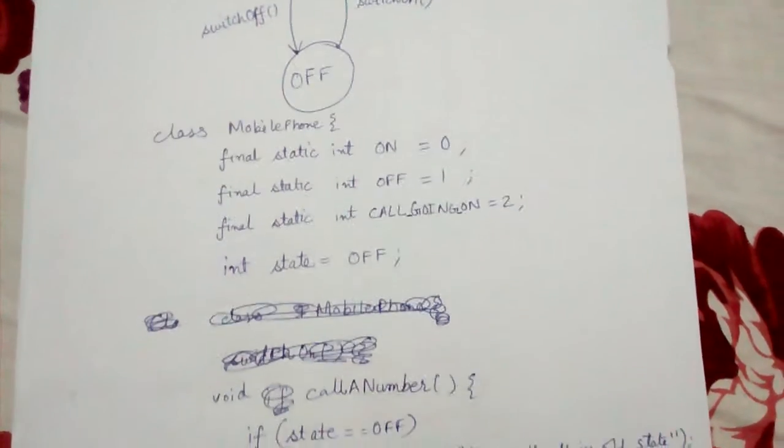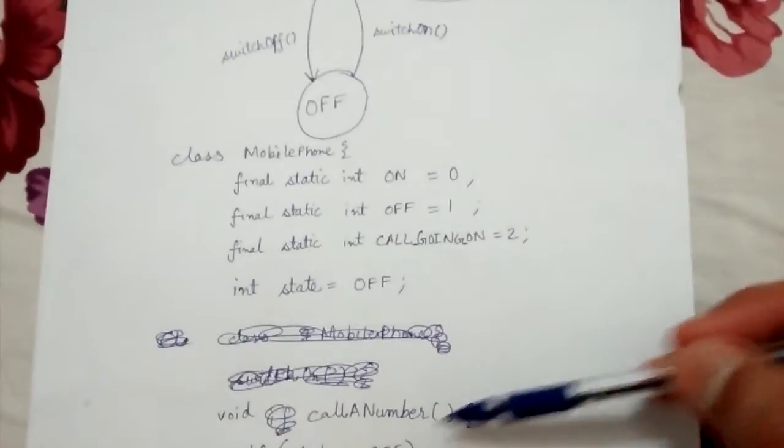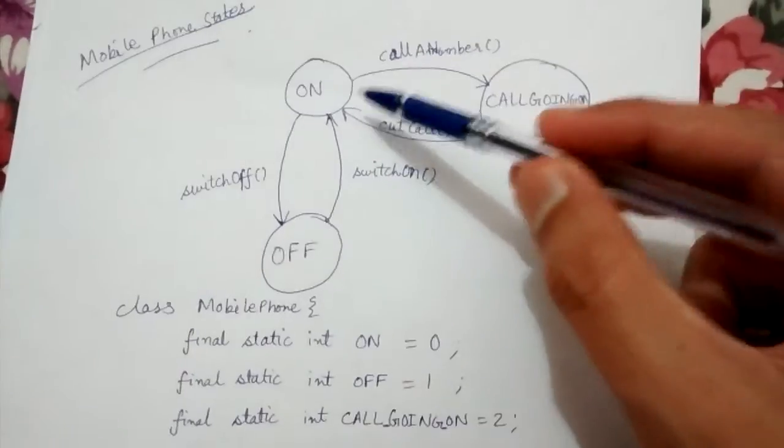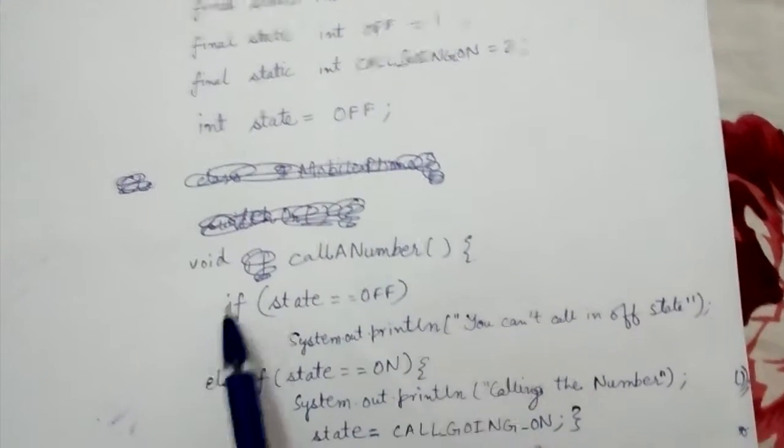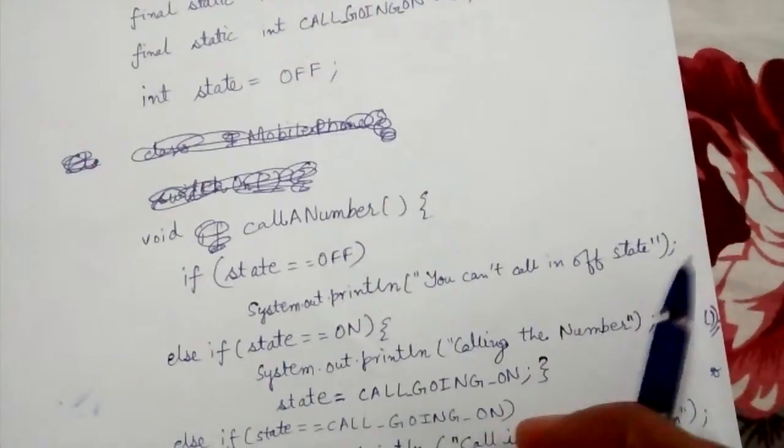Now let's see the implementation of call a number method, that is this one. So if state of the phone is off, that is we are in this state, we can't call a number, right? So you can't call in an off state.